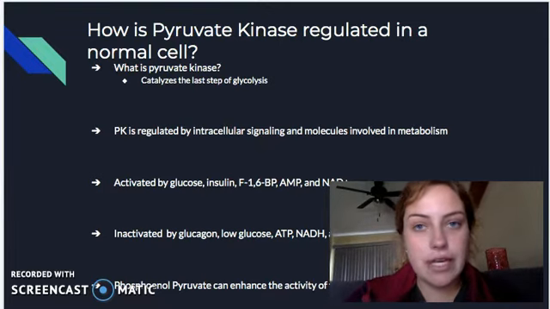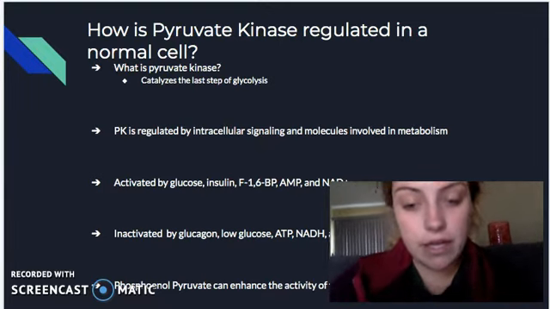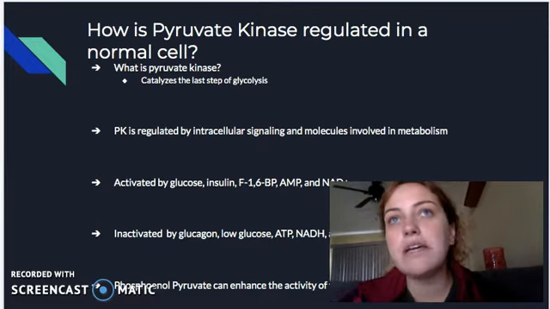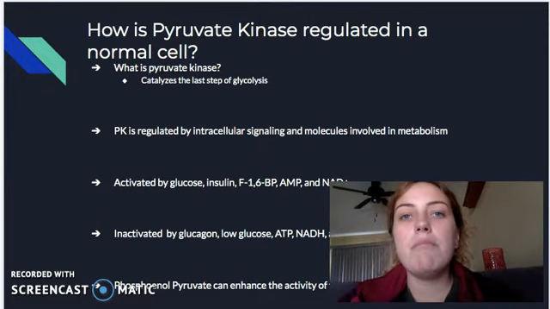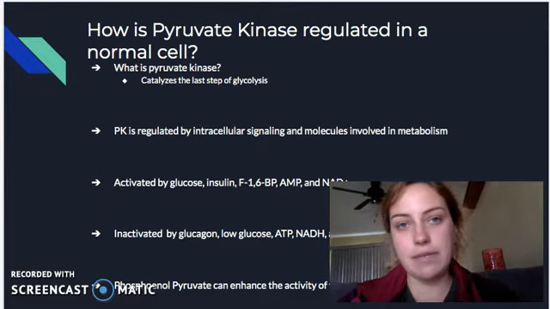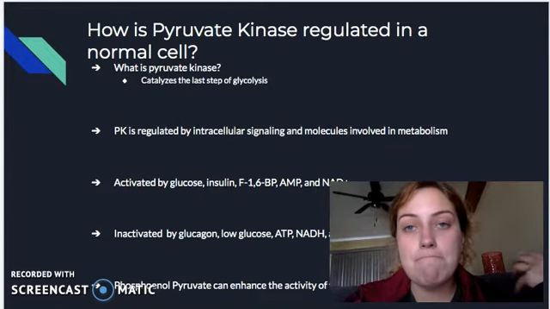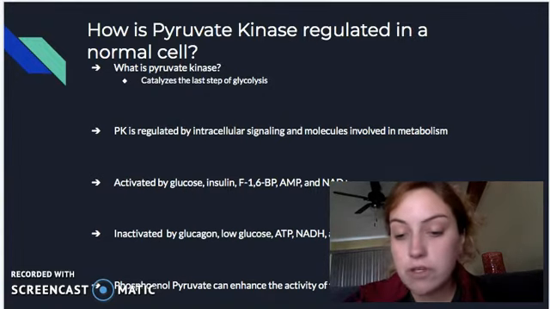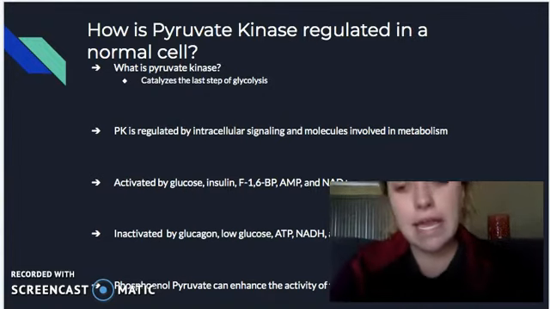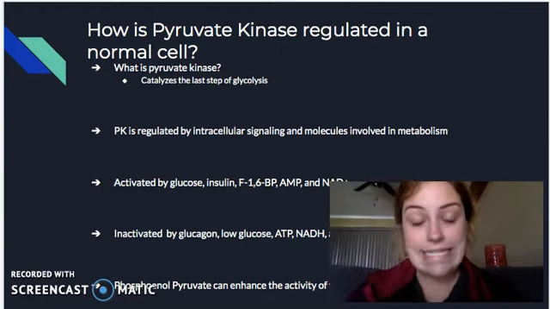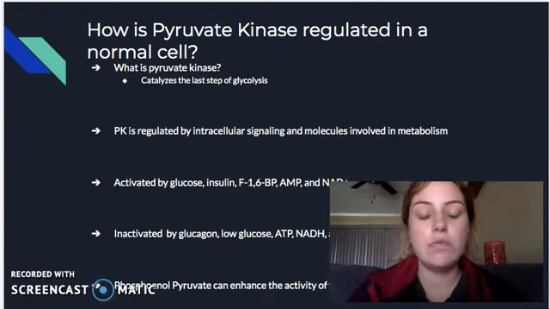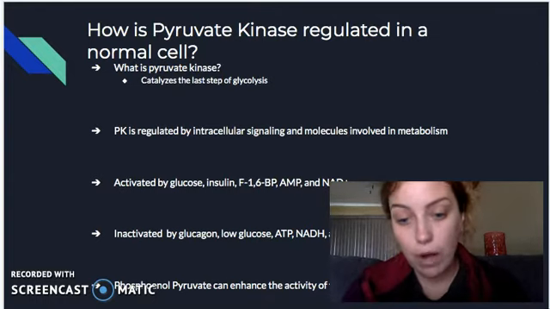To get into it, pyruvate kinase is regulated by intracellular signaling and molecules involved in metabolism. Pyruvate kinase is activated by glucose and insulin, fructose 1,6-bisphosphate, AMP, and NAD plus, in the well-fed state.